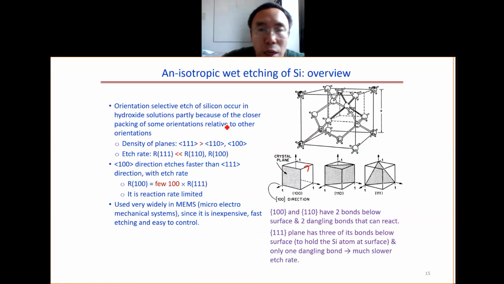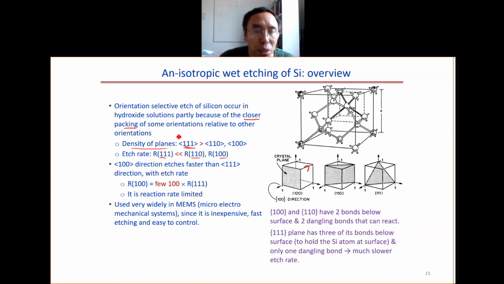So roughly this is the mechanism. The etching rate of the 111 plane is much slower than the etching rate of 110 and 100 and other planes. This is because the 111 has a higher planar density, a closer packing of the orientation.